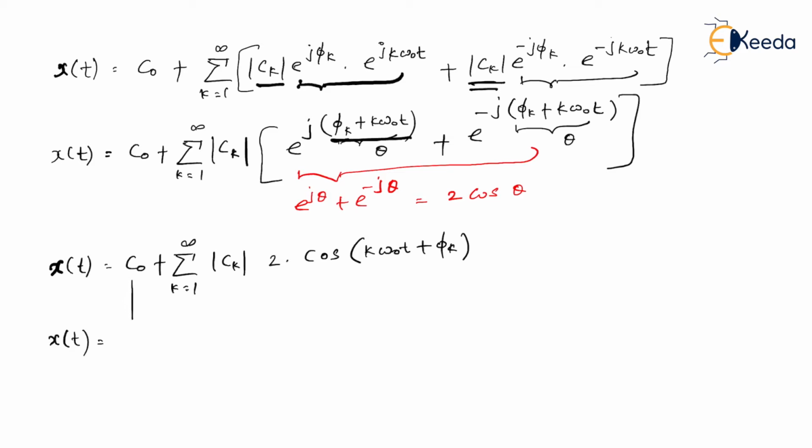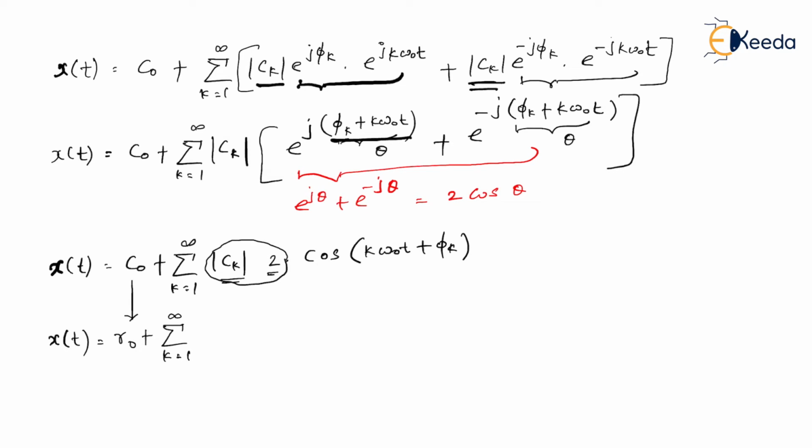So what I'm doing, I'm just replacing this c naught with some other letter, and it doesn't matter as the properties remain same or values remain same. So I'm just expressing this c naught with another letter. Let's say r naught plus summation k equal to 1 to infinity. See, we know that mod of ck is a constant. 2 is also constant.